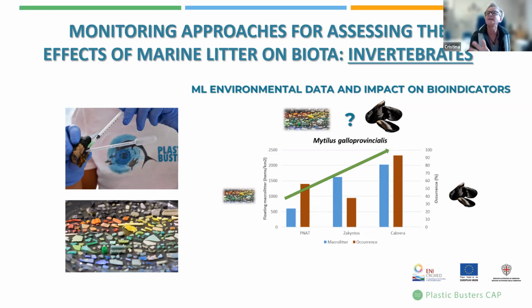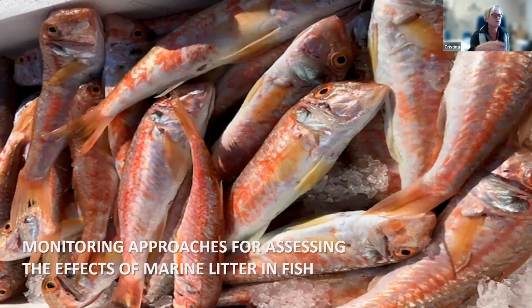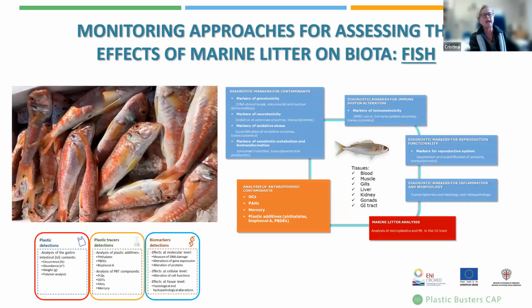It is an indicator of what happens in this specific part of the coastal area. But if you want to move in a more specific way, you can analyze, for example, the threefold approach in fish species. And again, I will be very rapid here.